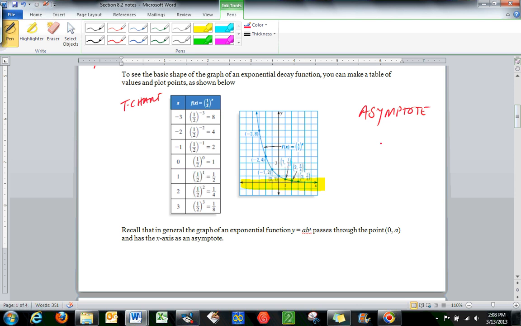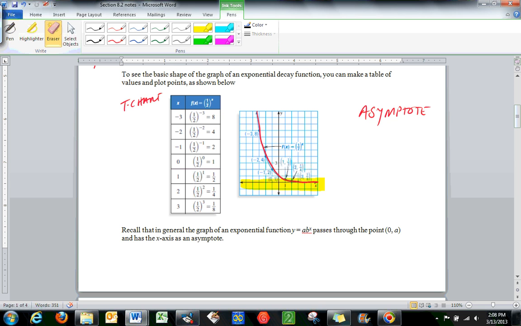And you can see through creating a t-chart that we're going to have this declining graph. So you can see that the graph, when you go through the points that we plotted through a t-chart, we have this declining function. So graphing these is very similar to graphing the exponential growth function.